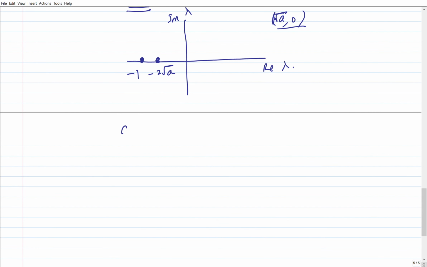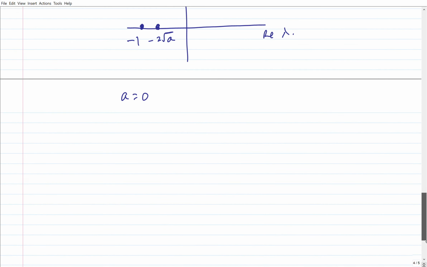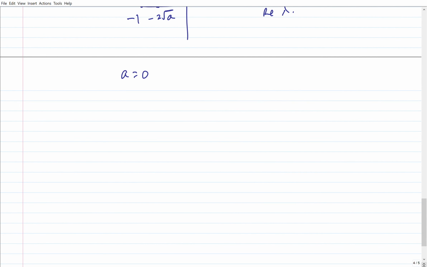What happens for a equals 0? I'm slowly reducing a. These two fixed points keep coming near each other. That's the journey of the fixed points as I keep reducing a. Essentially at a equals 0, they both collide.